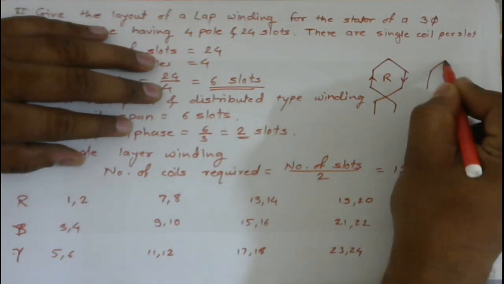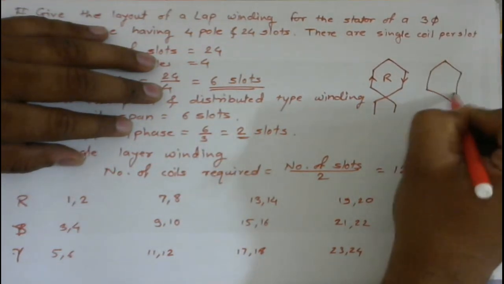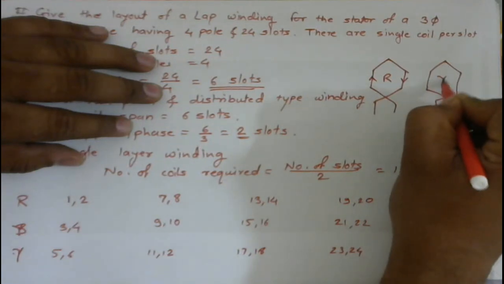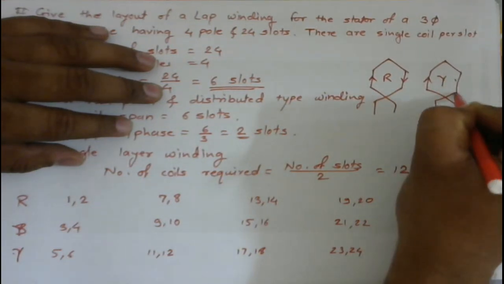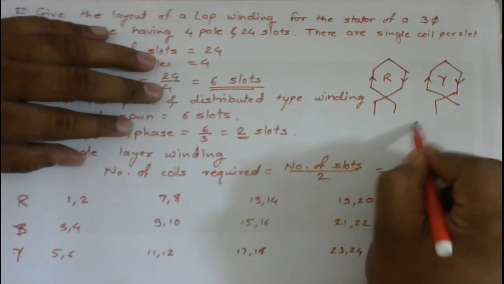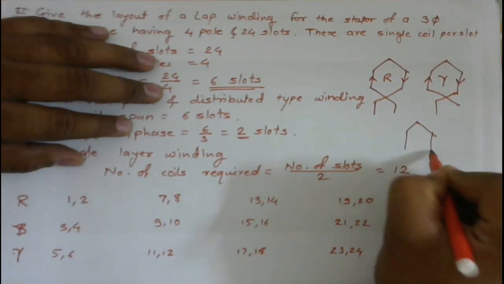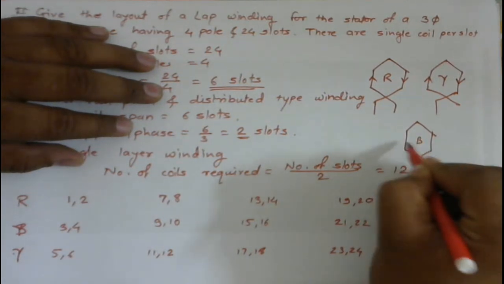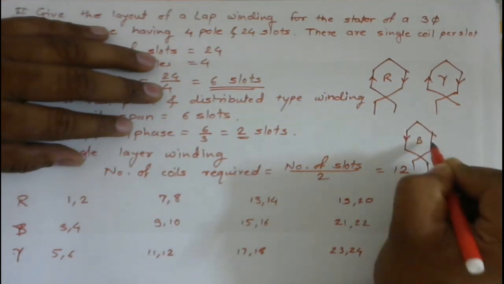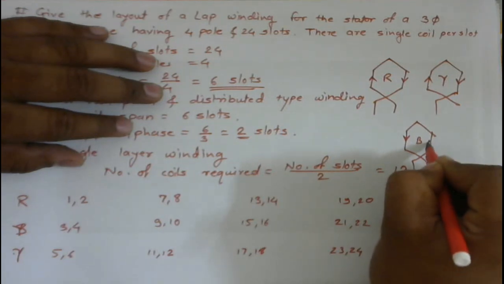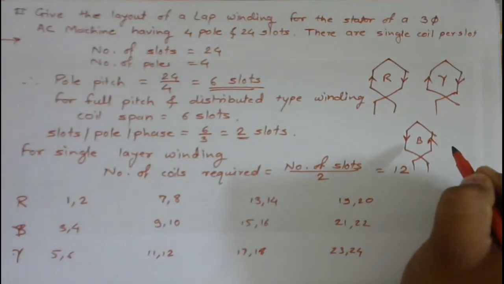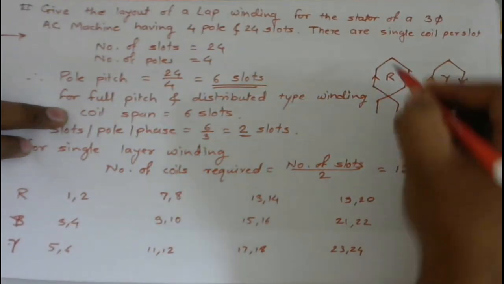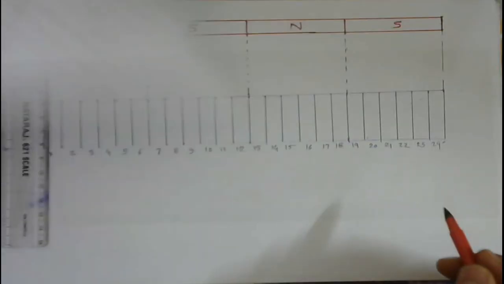For Y phase, same way, in coil side 1 current is flowing upward and in coil side 2 current is flowing downward. And in case of B phase, we'll consider the time instant at which in coil side 1 current is flowing downward and coil side 2 current is flowing upward, and accordingly we have to do the winding. So right now we will place the R phase winding.